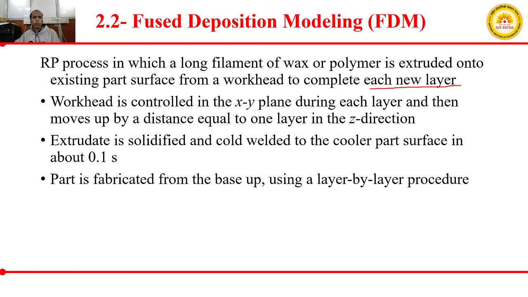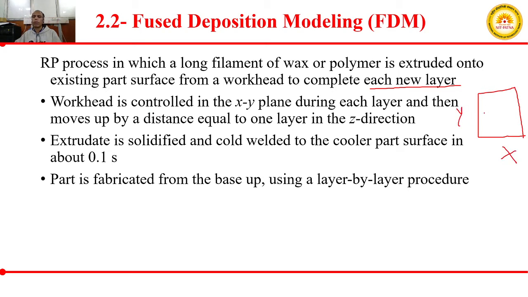Okay, so in this type of FDM RP technology, the work head is controlled in the XY plane. So suppose this is your base, and this is your X direction, this is your Y direction.